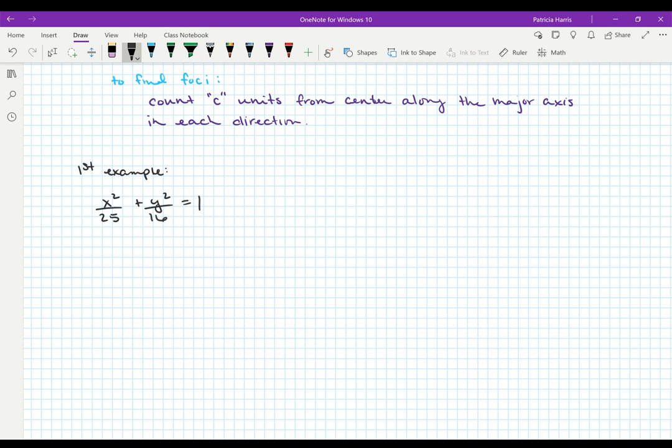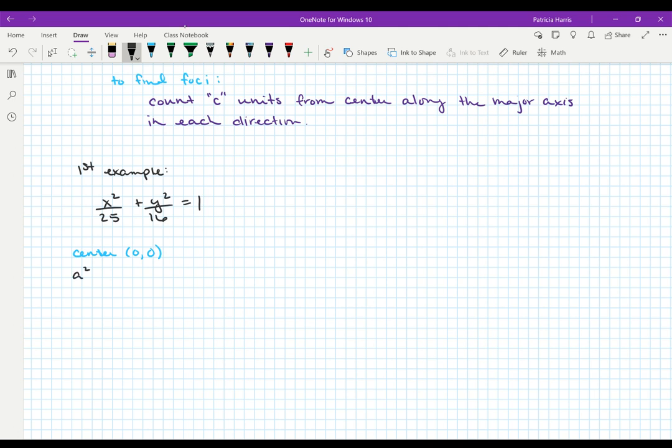We're just going to make this one super friendly. Since it's x squared, y squared, we know that the center is at 0, 0. Remember, a squared is always the bigger one.